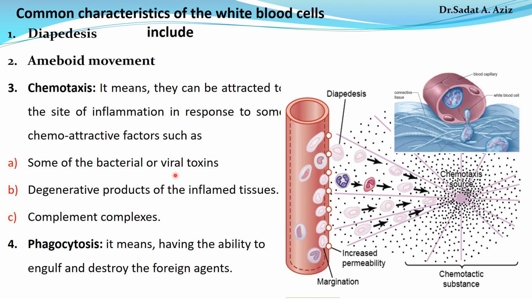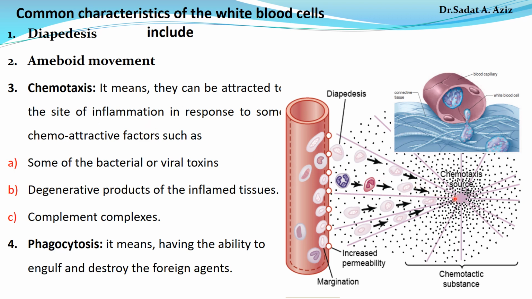We shouldn't say viral toxin because normally viruses don't have toxins. So bacterial toxin and viral structures, any of these factors may attract leukocytes to the site of infection.